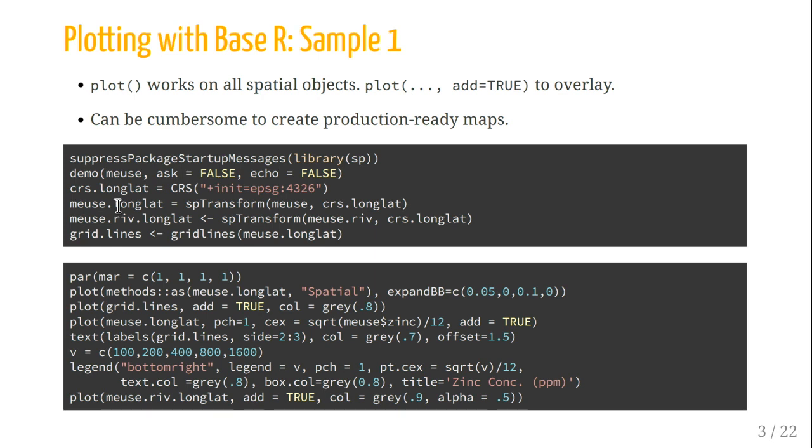I want to plot certain grid lines for the background to show where the latitudes and longitudes are, so I need to calculate that using the grid lines. I have the actual point data as well as polygon data to show the river around which the soil samples were collected. And as you can see, I'm transforming them both to latitude, longitude coordinate systems.